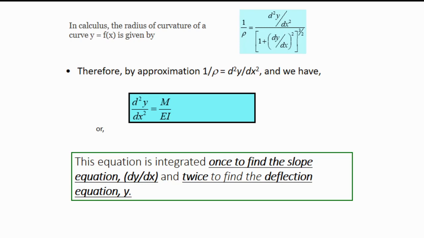So our fundamental relationship between moment and curvature is d²y/dx² = M/EI. If we integrate this equation once, we will get dy/dx, which is known as the slope of the elastic curve. If we integrate this equation 2 times, then we'll get the y value, which is the deflection of the curve.